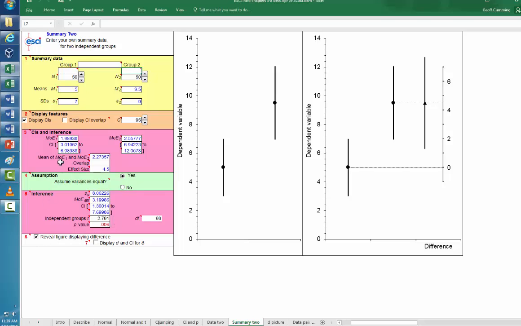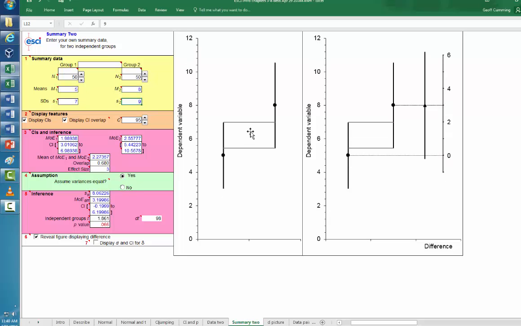Now, we can, in this page, turn on overlap. That's marked by these horizontal lines, and we can play around a bit. So I could say, let's change the second mean to say 8. So now we've got quite a lot of overlap here, and our 95% confidence interval just catches zero there.